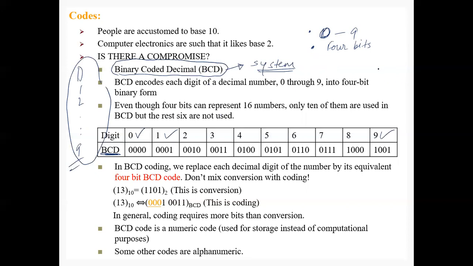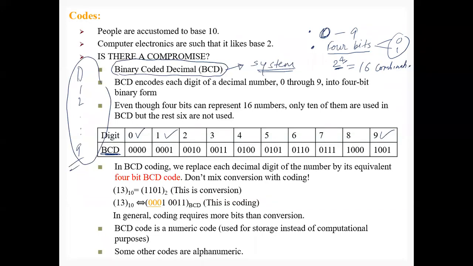If you have 4 bits, how many numbers can you represent? 2 to the 4. There are 2 values, 0 and 1, and if you use 4 of these, then you have 16 combinations.